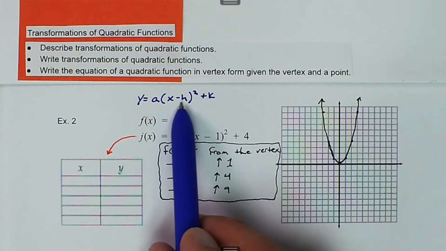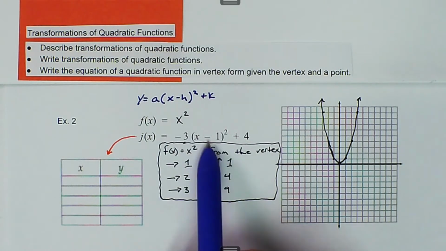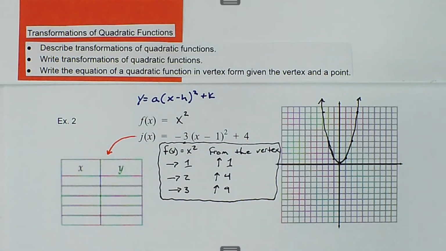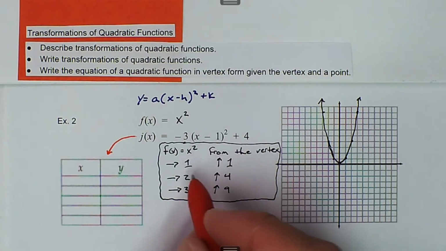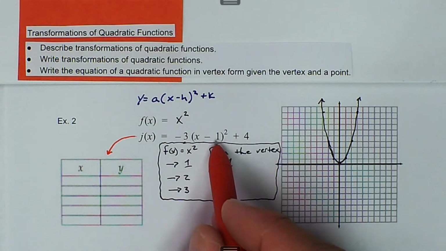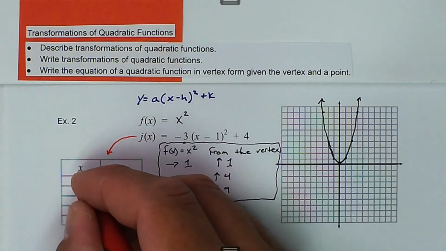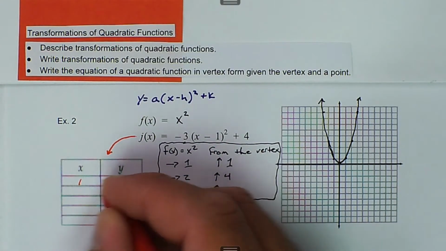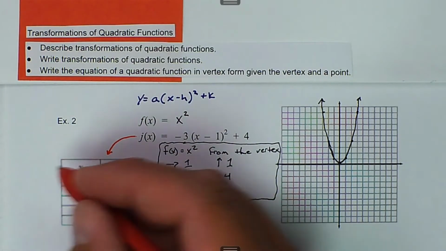If we substitute in a -1, then it switches to positive. So that's why that one looks backwards. So our vertex for this parabola, j of x, is going to be (1, 4). So that's the vertex.